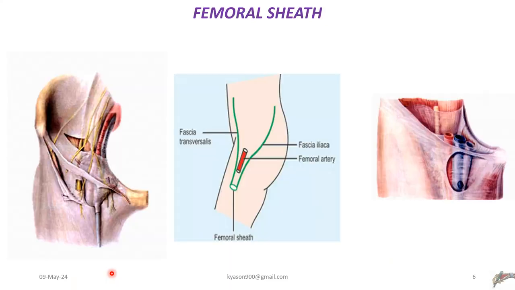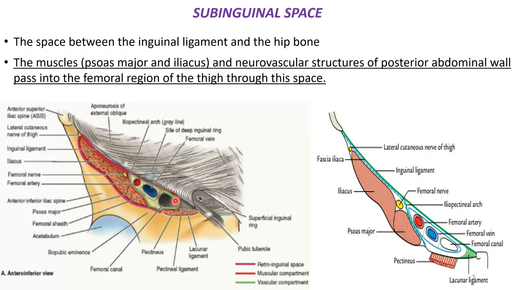So that's the subinguinal space. So the femoral sheath, it's just a connective tissue which is going to be wrapping around our vessels, the femoral artery, the femoral vein. Okay. As we have seen here, this one in green is the femoral sheath. Okay. So it's going to be wrapping around the femoral artery.